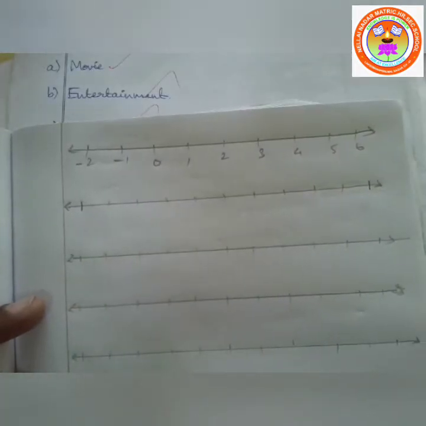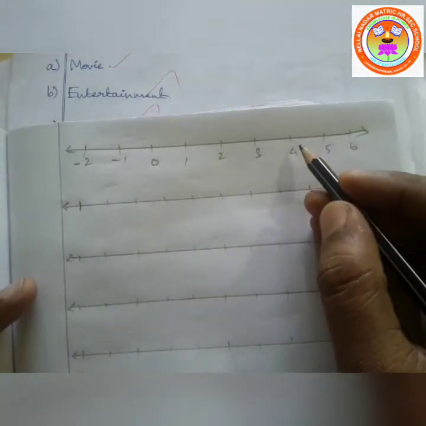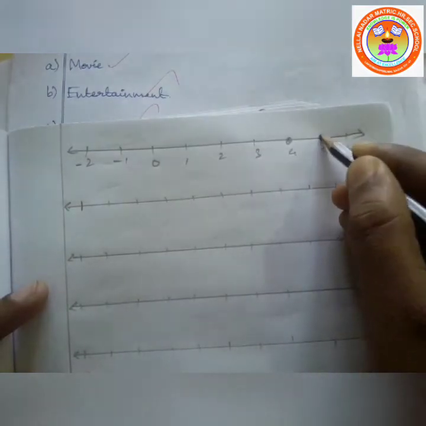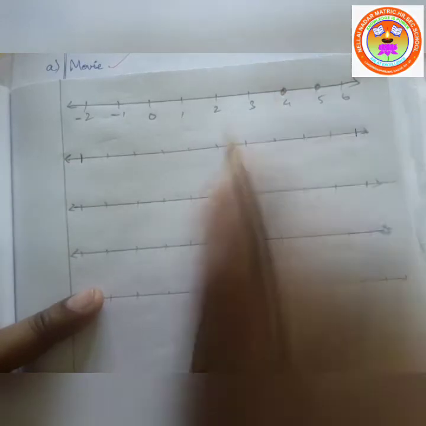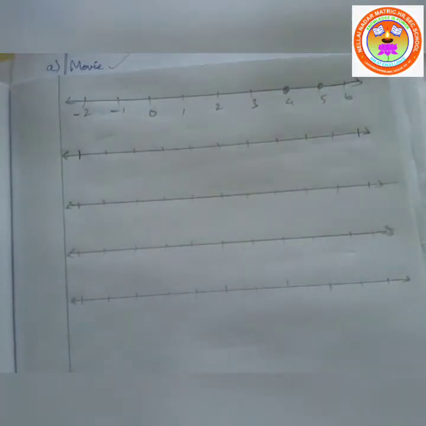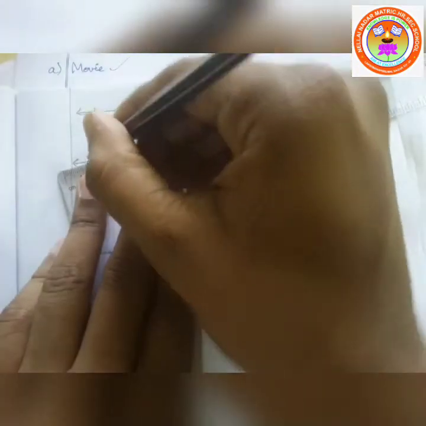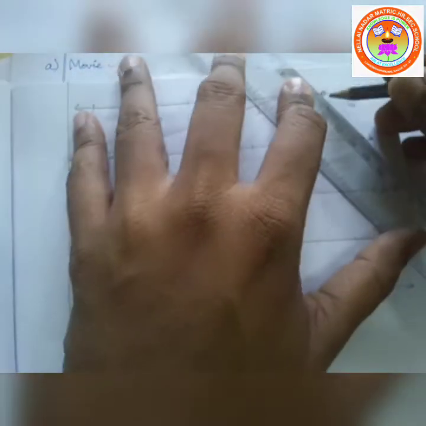So as I said earlier, this 4.7373 lies between the 4 and this 5. So we have to expand this 4 and the 5. So here you can draw this 4, use the scale, draw the line, and here you have to write the 5.